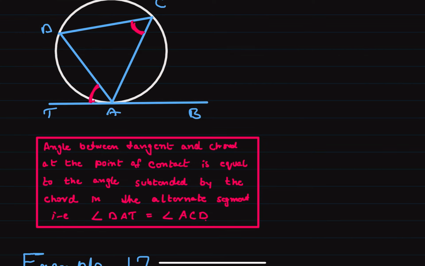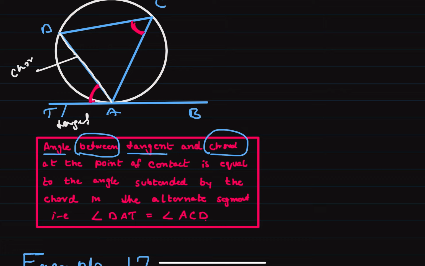The angle between tangent and chord, that means this is the tangent and this is the chord. The angle between tangent and chord at the point of contact is equal to the angle subtended by the chord.